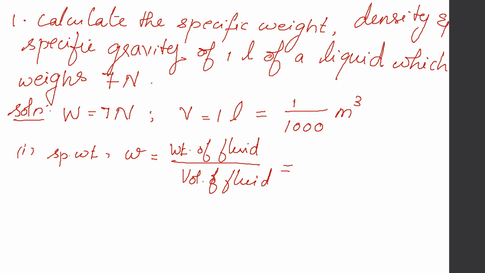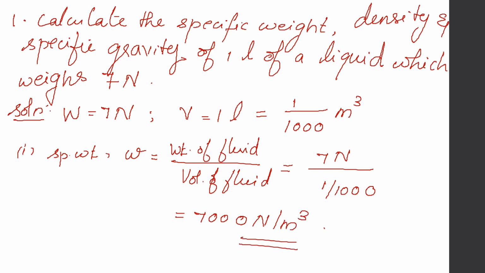So the weight is 7 Newton divided by the volume, 1 by 1000. So we get 7000 Newton per meter cube. So this is the specific weight.